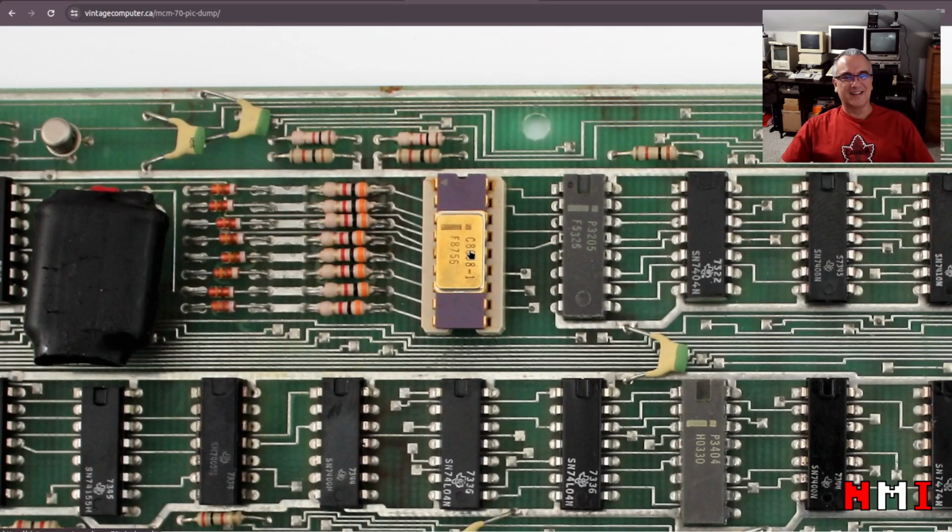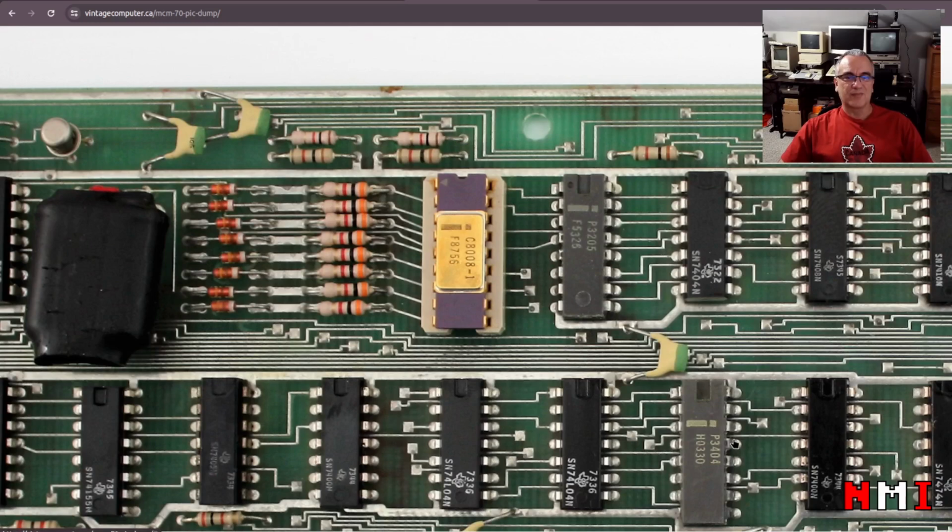This is the 8008. So, it's unusual to see a microprocessor this small. I mean, usually they have a lot more pins, but these were the early days of computing, right?